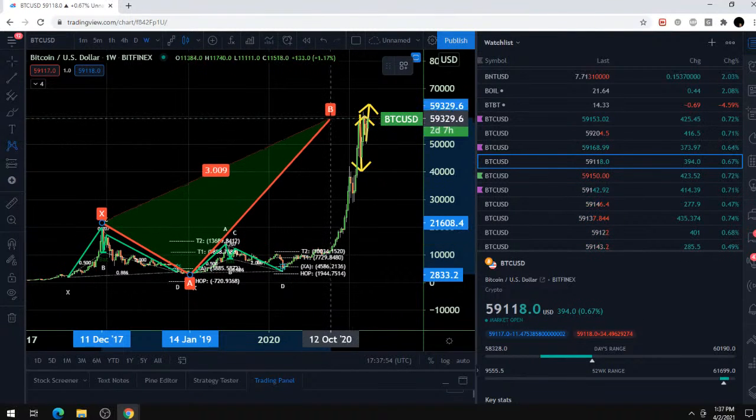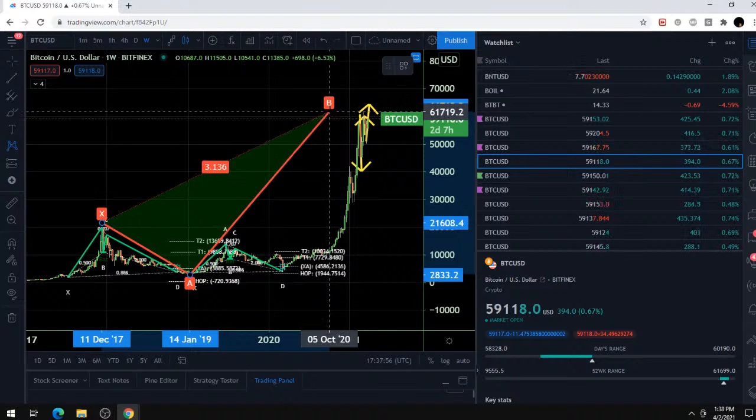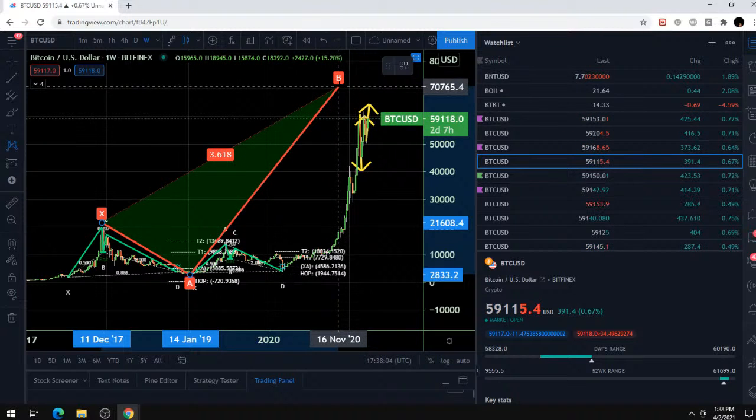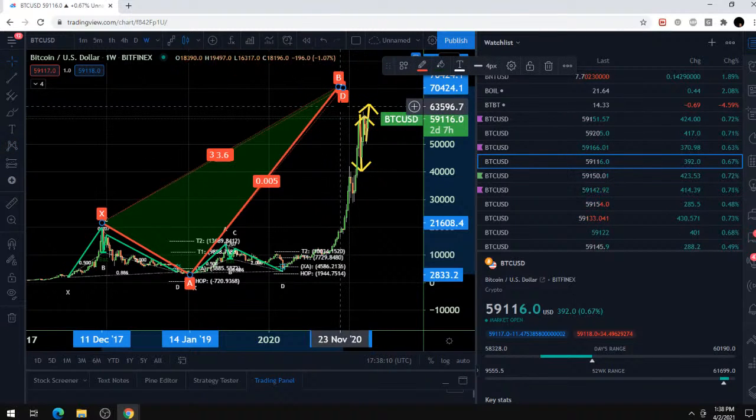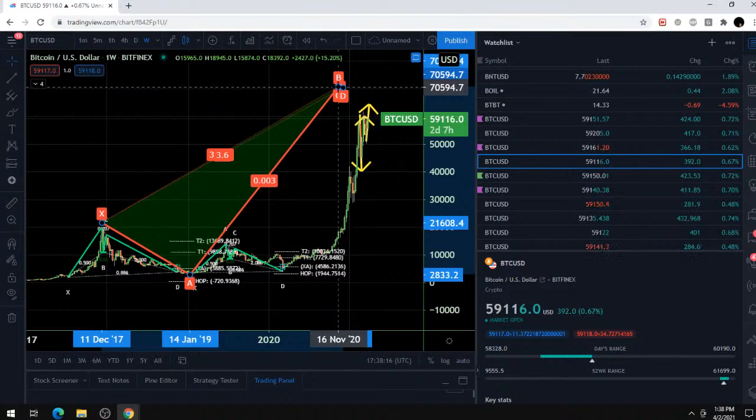But we are only at the 314. Okay, we're barely at the 314 at 62,000. So let's get back to 62,000. But no, our final measured level is 3618. And that's right there, 68, 69,000.